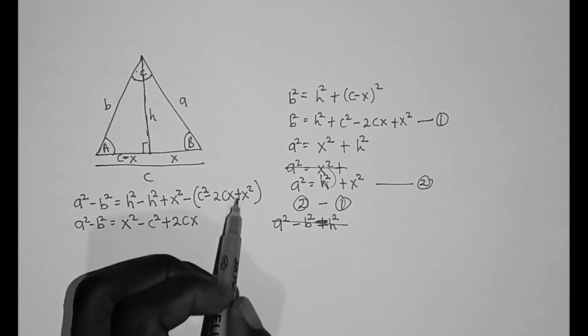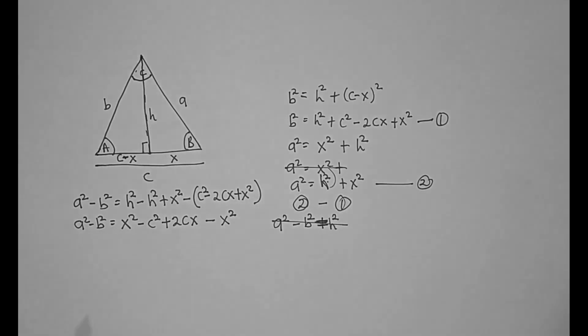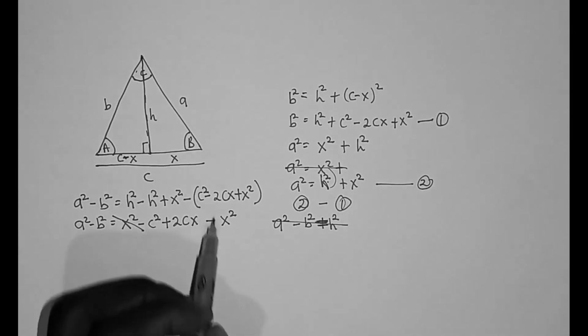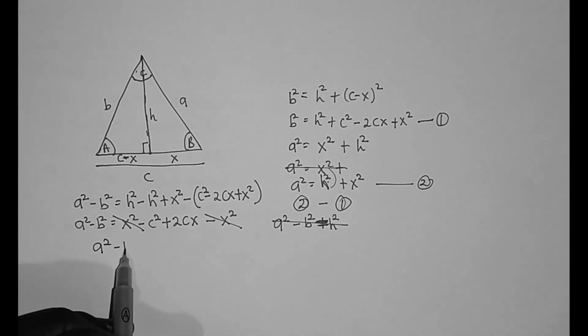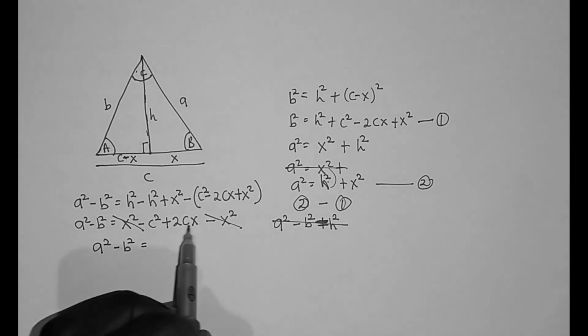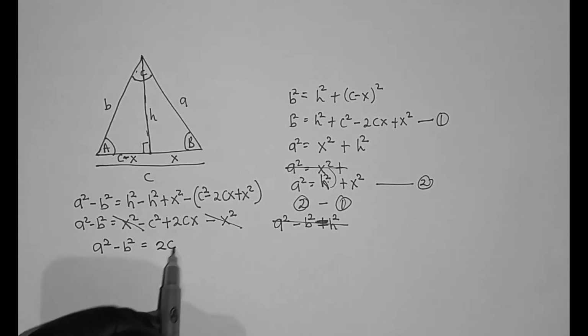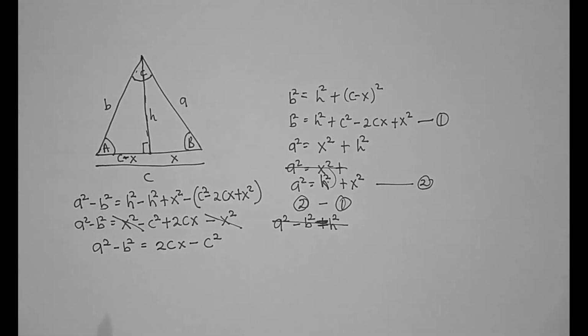Then minus 1 times x squared becomes minus x squared. So plus x squared and minus x squared cancel. At the end of the day, a squared minus b squared is equal to 2cx minus c squared.